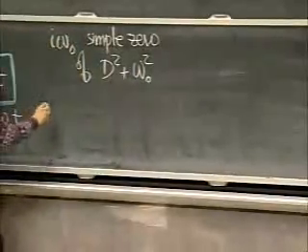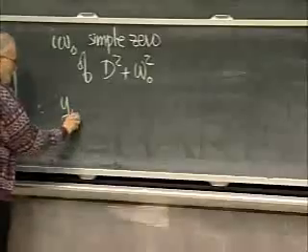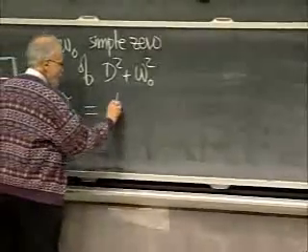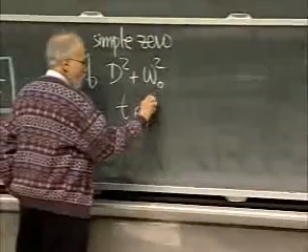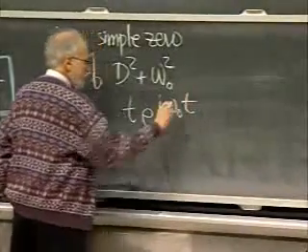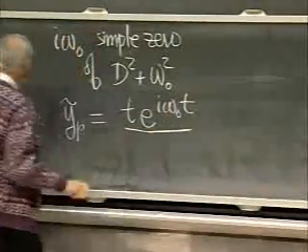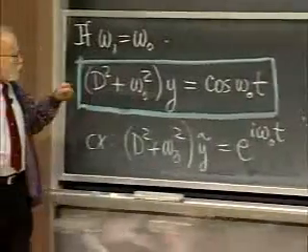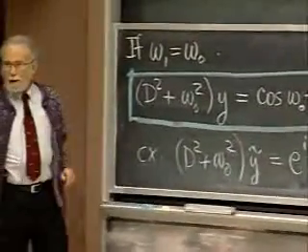Therefore, the complex particular solution is now t e to the i omega naught t divided by P prime, where you plug in that root, i omega naught.